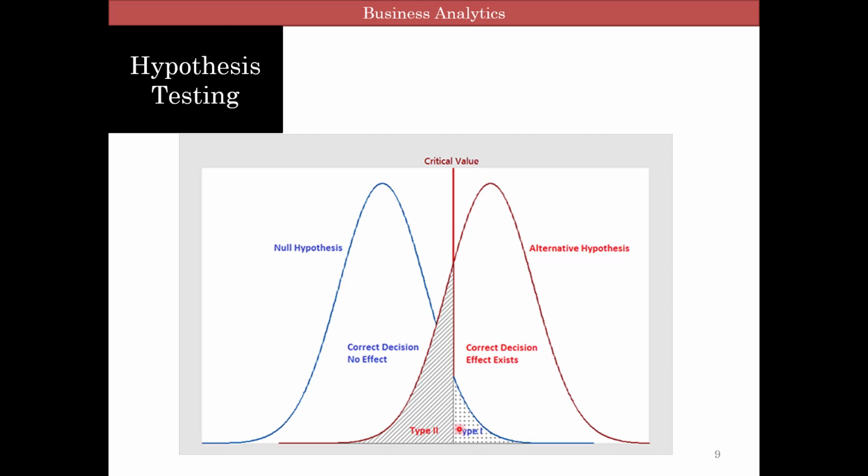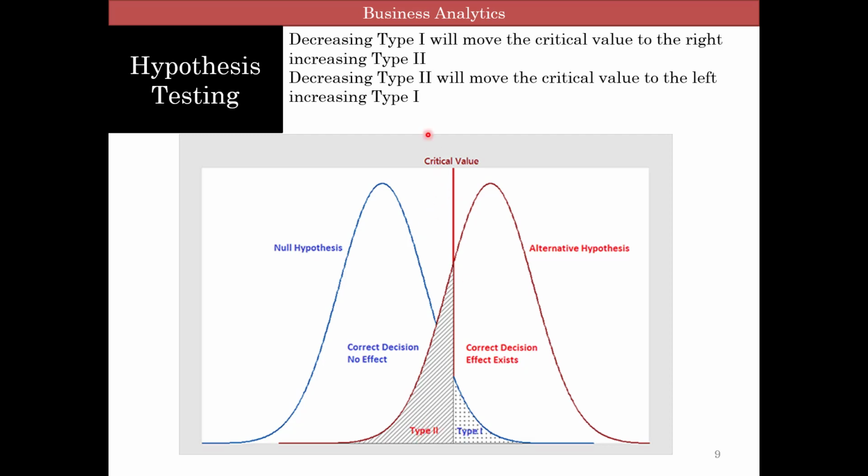And here you can see this is the type 1 error, which is to the right of the critical value. So these values of the null hypothesis will be wrongly rejected, whereas these values here, type 2, of the alternate hypothesis, you will fail to reject, and that would be incorrect. So here's your type 1 and type 2 error.